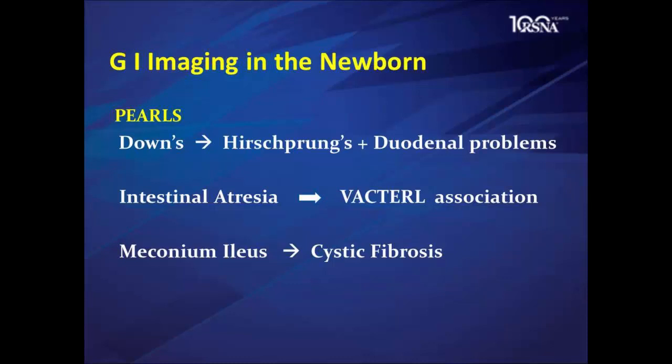When we see intestinal atresia, think of VACTERL association, and then the whole imaging workup is done with sonography to look for other congenital anomalies. The case of meconium ileus is because of abnormal meconium. 99% of the time it is cystic fibrosis.